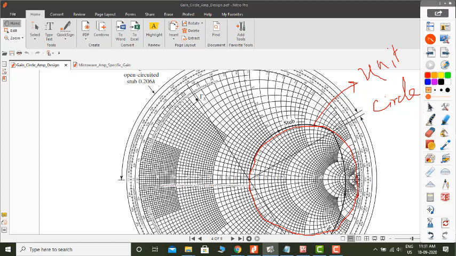Okay, so you draw a contour line over the unit circle and stop it somewhere. Arbitrarily you can draw it. The only thing is you have to draw the contour line on the unit circle and stop it somewhere.